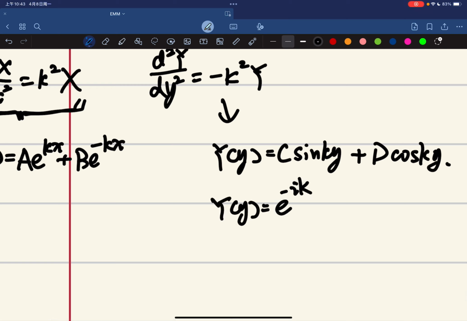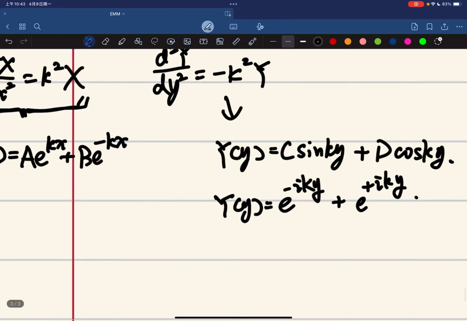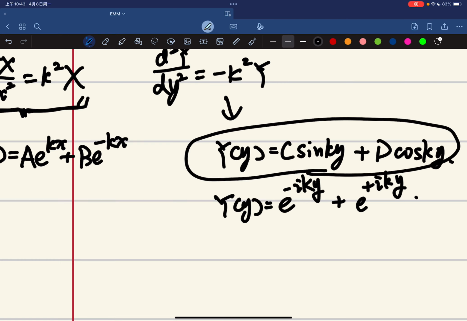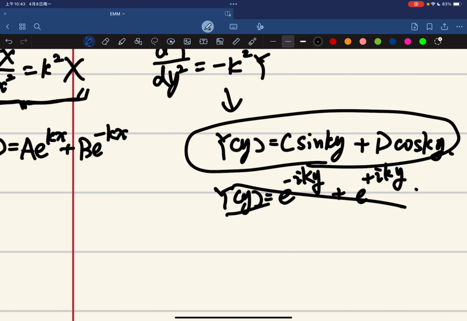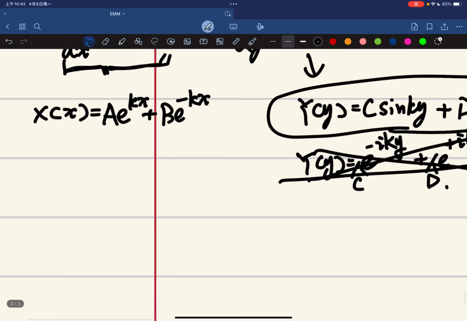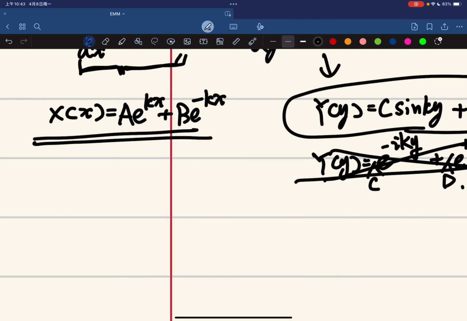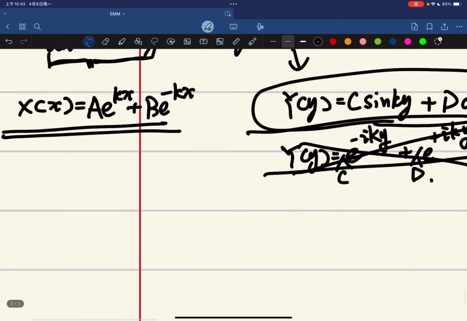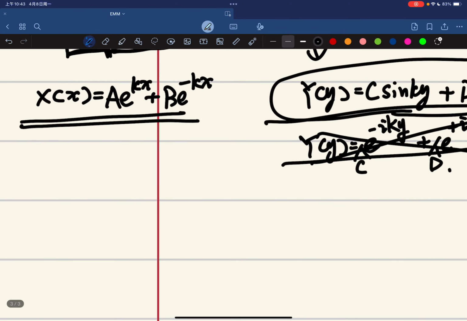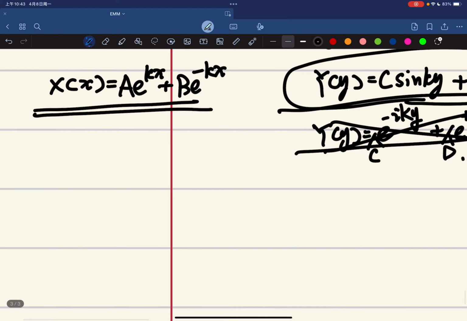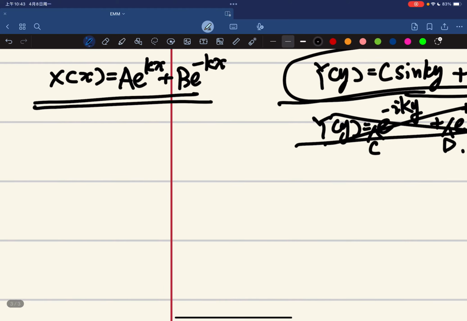This is also fine, but I don't want to do that here, because sine and cosine are easier to deal with in this case. Oh, missing some constants, but I don't want this form. If you don't know how to solve this kind of differential equation, definitely refer back to your differential equations courses. So now I have the general form of my solution. Let me just copy it.